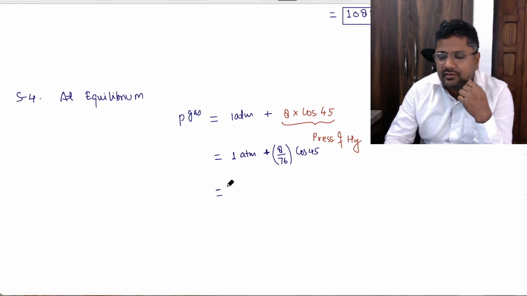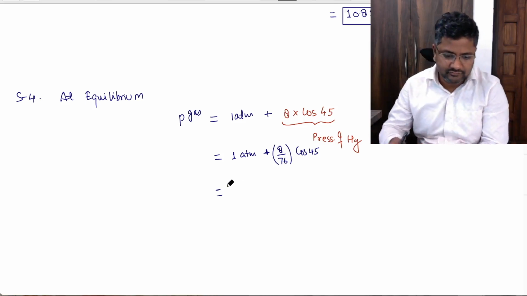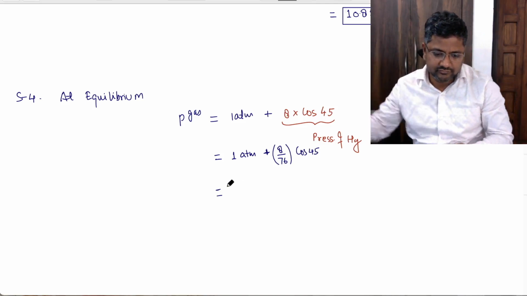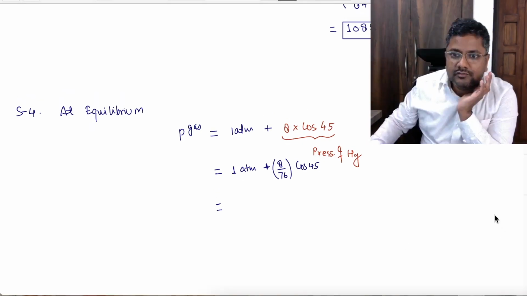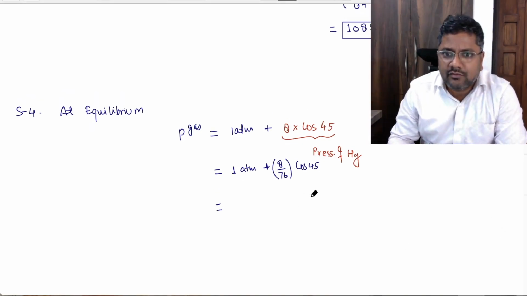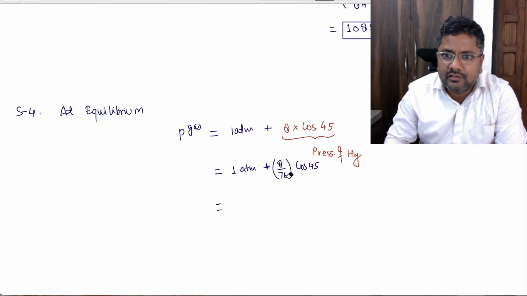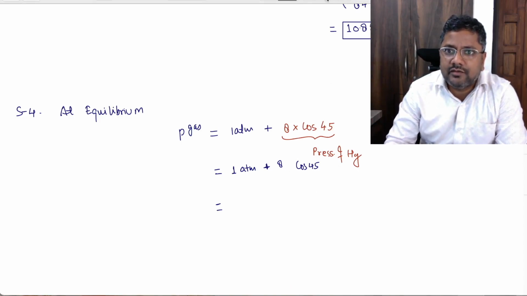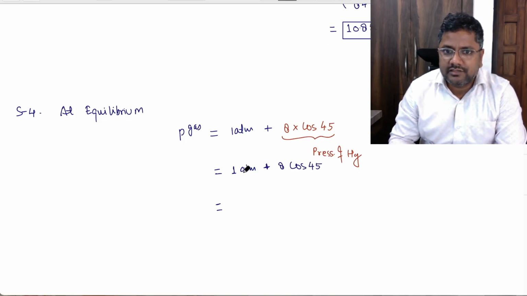So now you can calculate this. To avoid more calculation, we can directly take 8 cos 45, and this ATM we can take 76 centimeters.